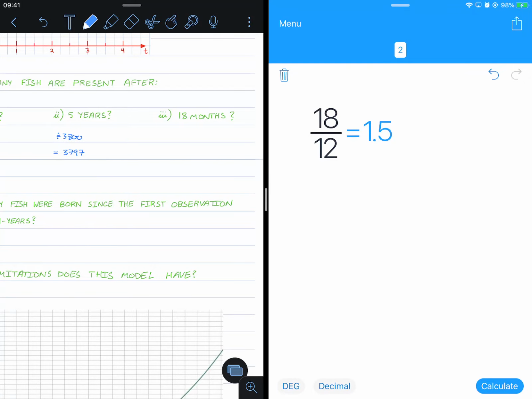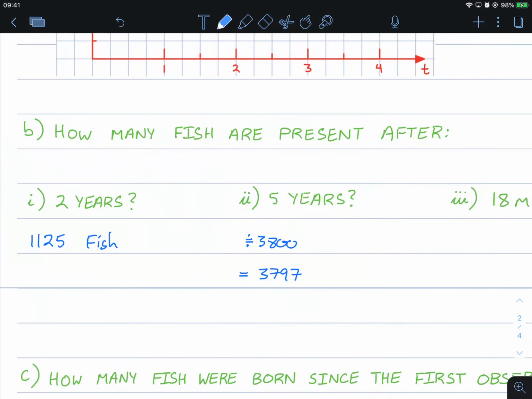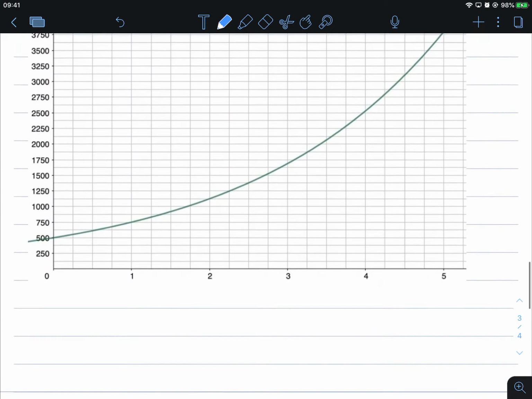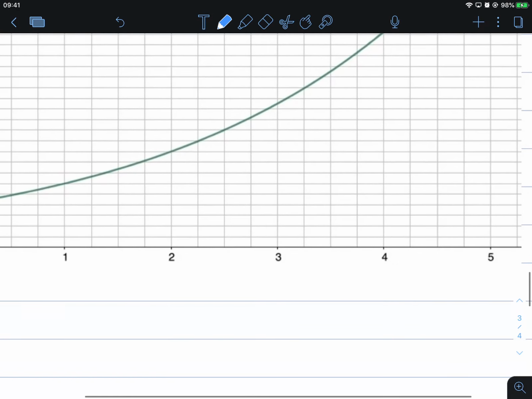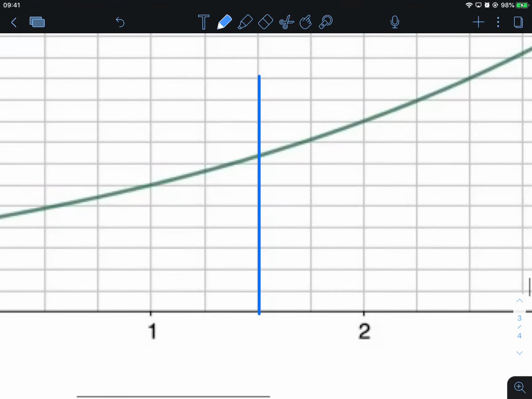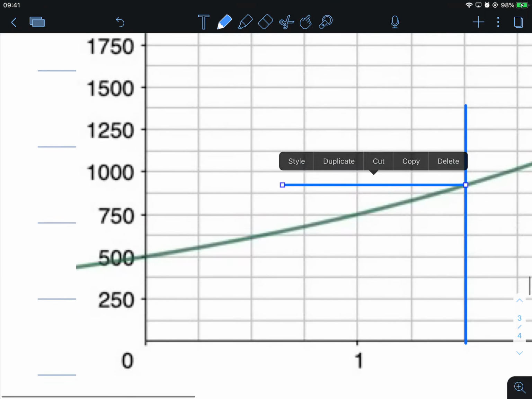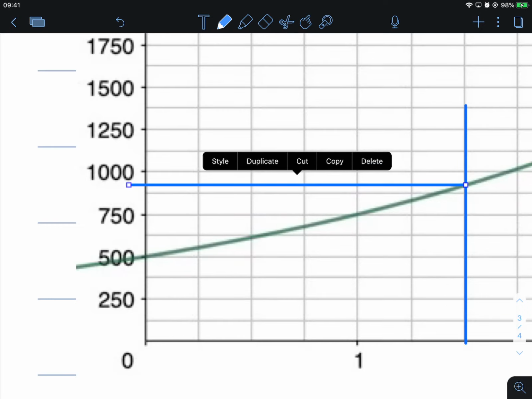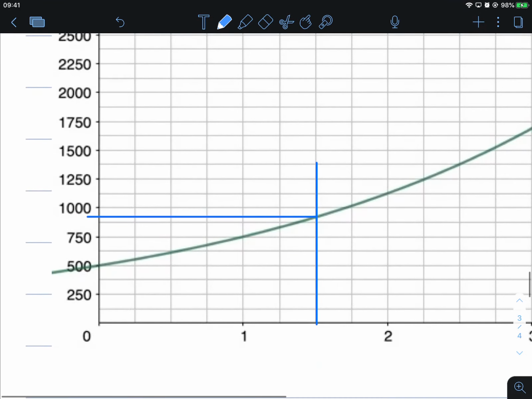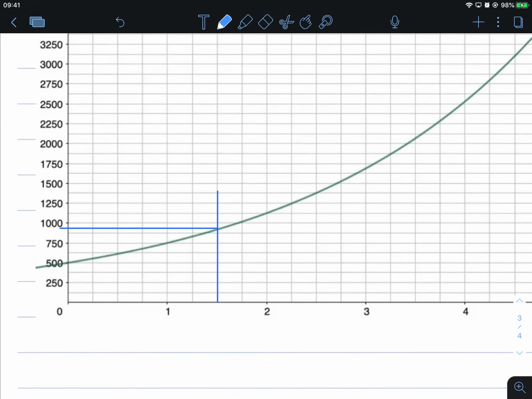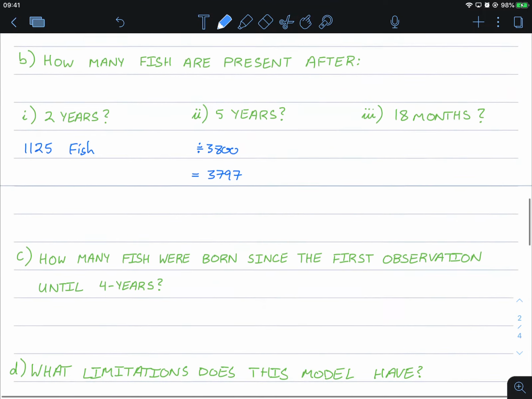It's 1.5 years. So for this, you could, on the graph, find 1.5. In this case, it would be here. Finding that point of intersection with the graph, moving it along there, I'd say that one is close to 900 fish.